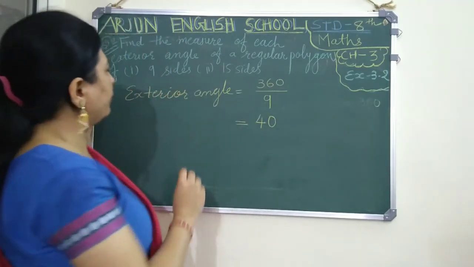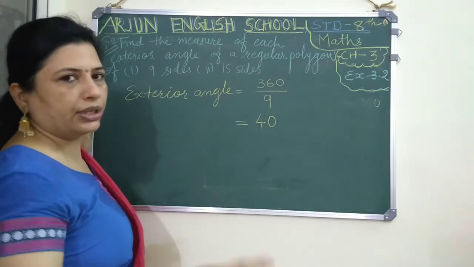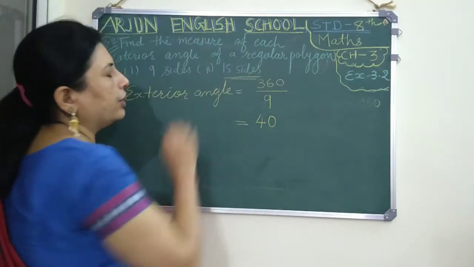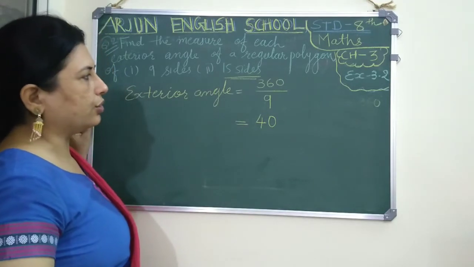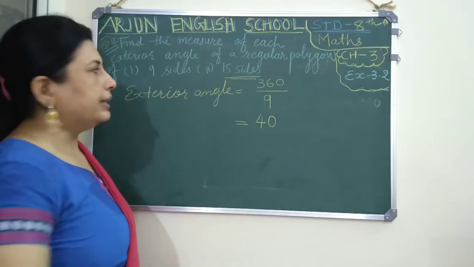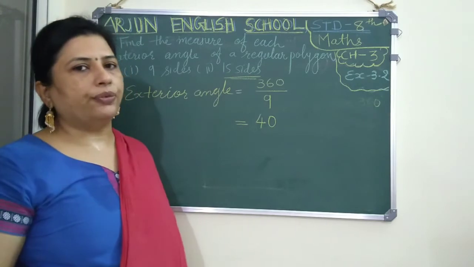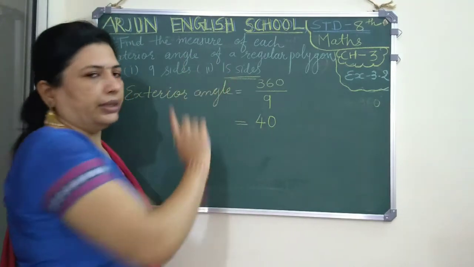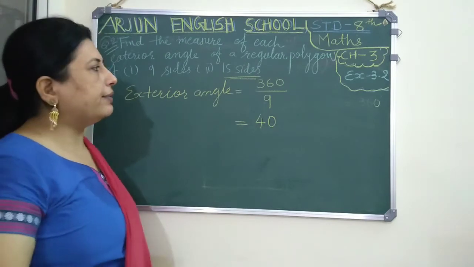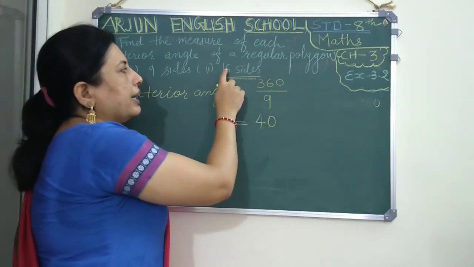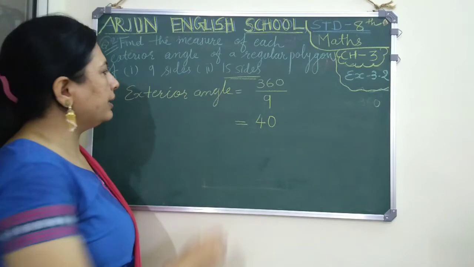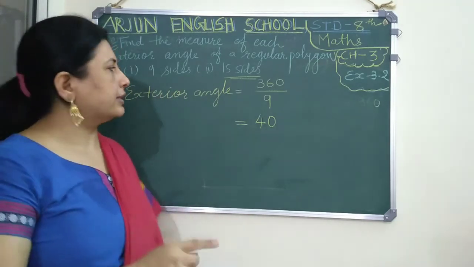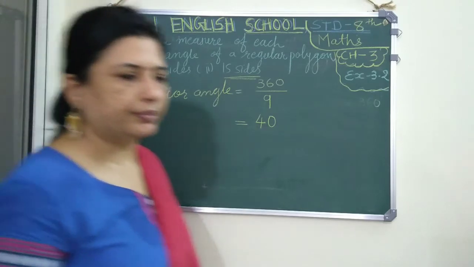So, the measure of each exterior angle is 40. Same way you can find out for 15 sides also. What you will do? Here also the number of external angles is 15. And so you will divide 360 by 15. Then you will get the measure of each external angle.